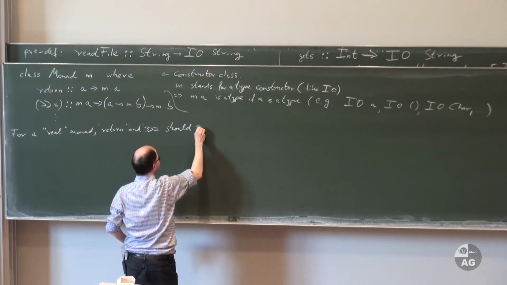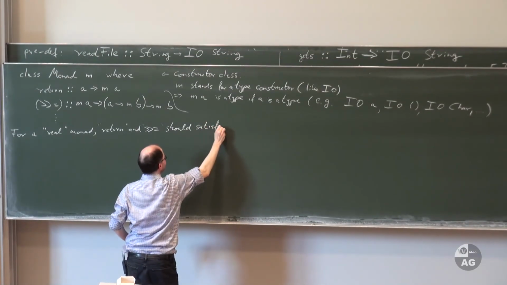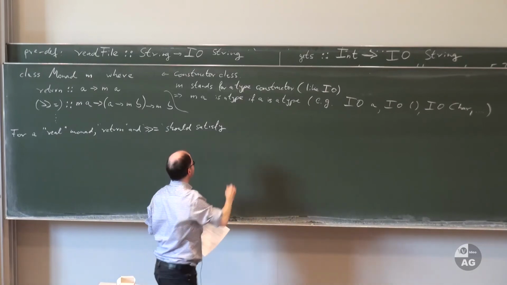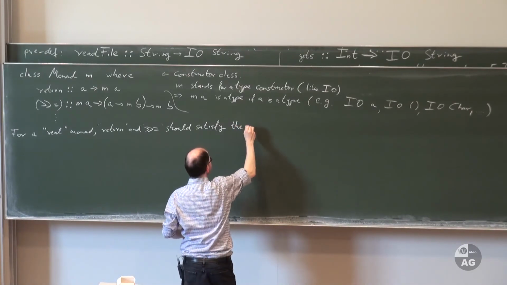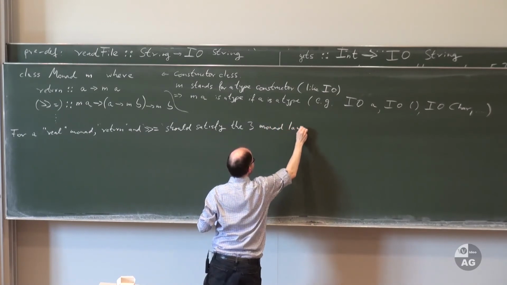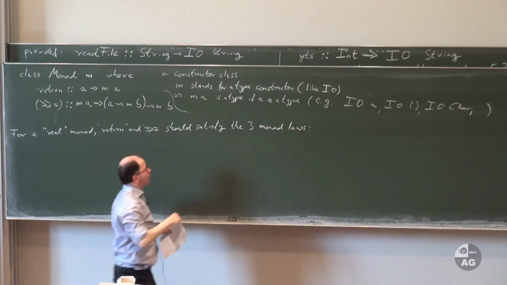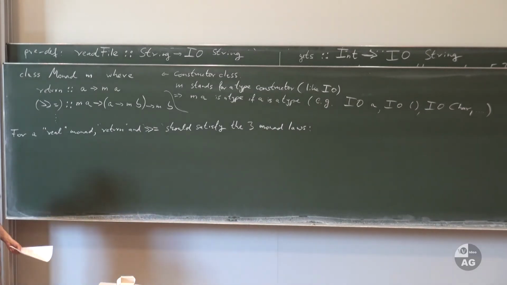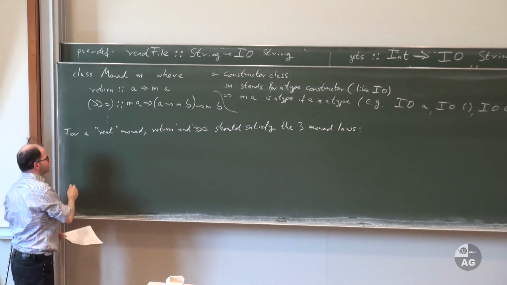So they should satisfy certain properties, namely the three monad laws. And it's not so difficult to see that for I/O, these are satisfied. And if you do it yourself, they should also be satisfied.